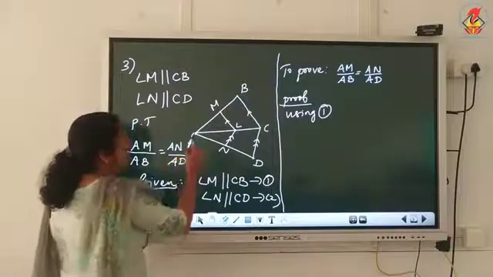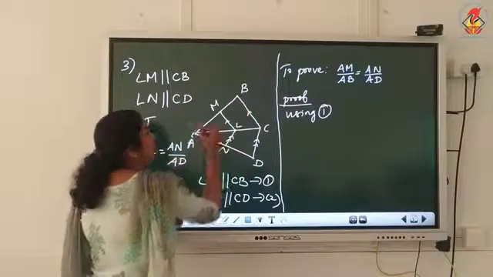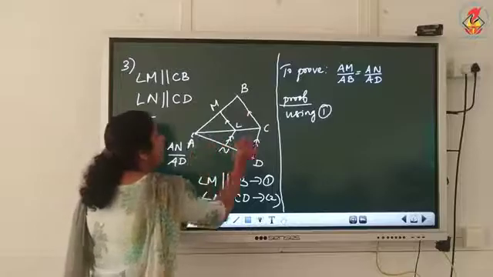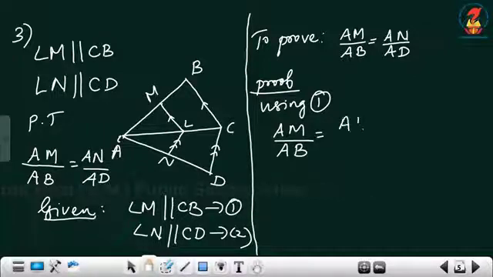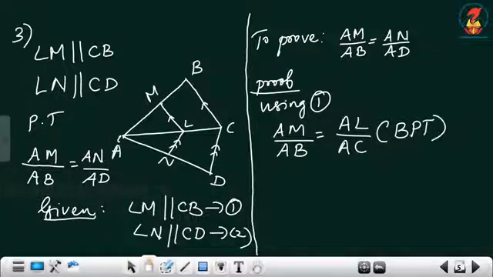So we can write AM by total AB is equal to AL by AC. Actually this is the result which we deduced from BPT. And using 2, we can write this as equation 3.